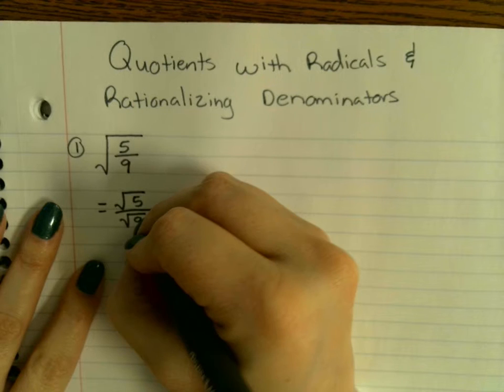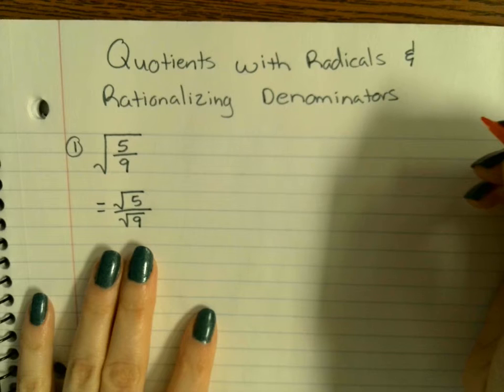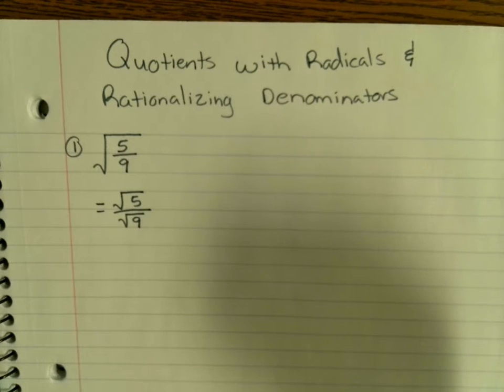So the first thing that you always want to check before you ever start working with a problem like this, you first want to see, is the denominator a perfect square? So we're going to write that down.